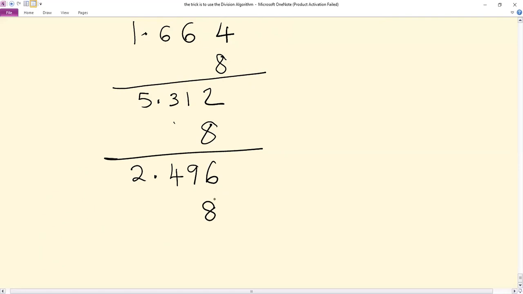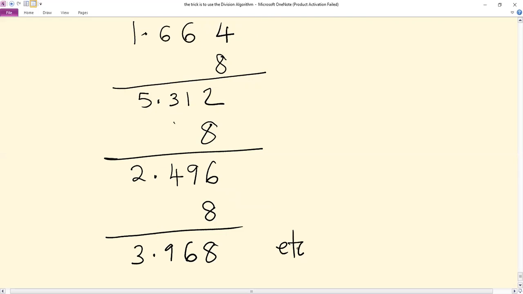So 0.496 times 8, you get 3.968, etc. So the biggest question will be, when are we going to stop these multiplications?